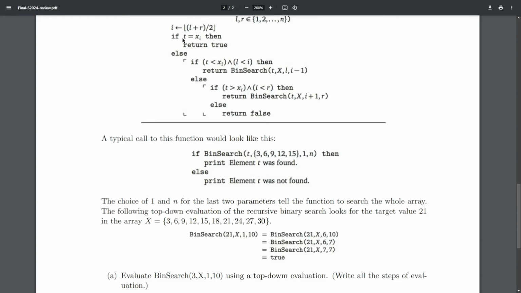Now, if t, which is 3, is equal to x of I, so the fifth number, in this case 15, then return true. This isn't the case, so we're not going to bother. We're going to check the else part.